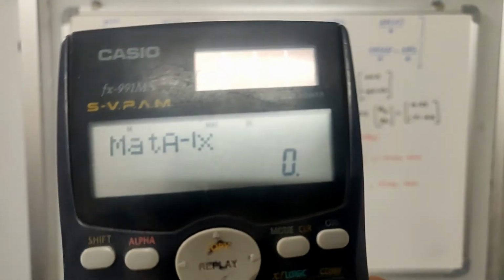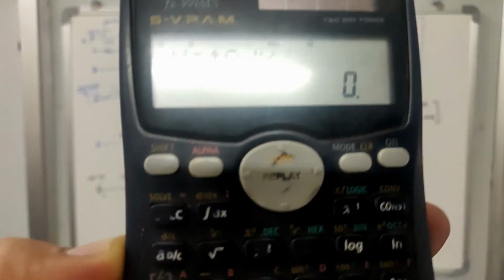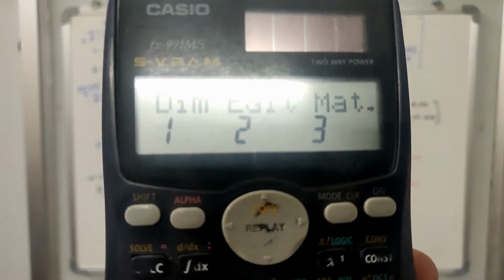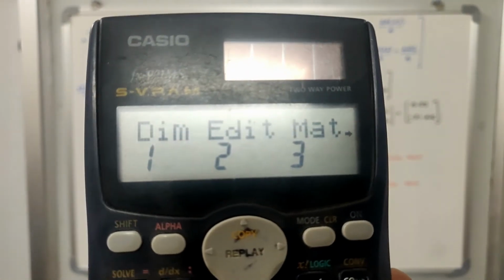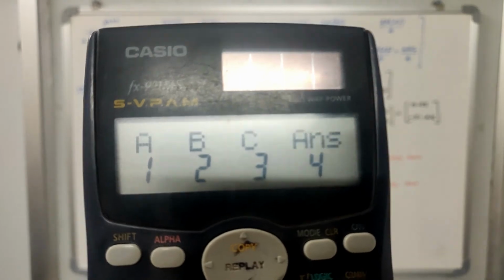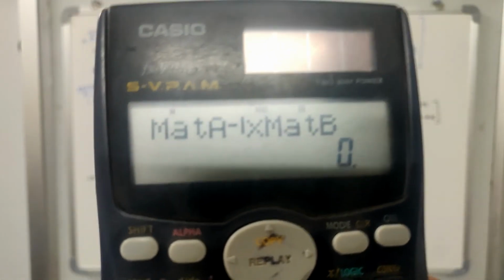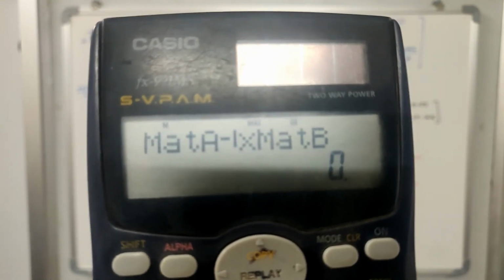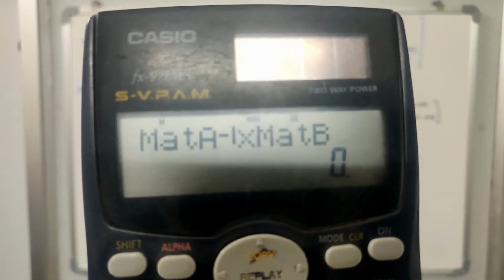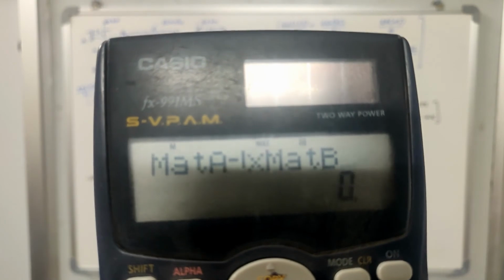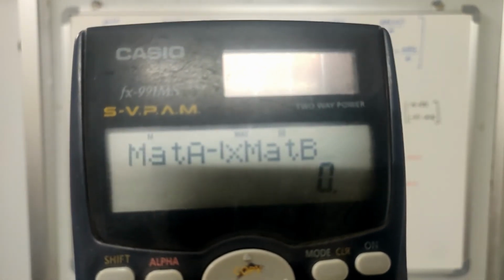Okay, multiply it by, again go to shift 4, then click 3, go for 2. Now you got multiplied by mat B. So here the inverse of mat A multiplied by mat B is representing the inverse of the stiffness matrix and the force matrix.